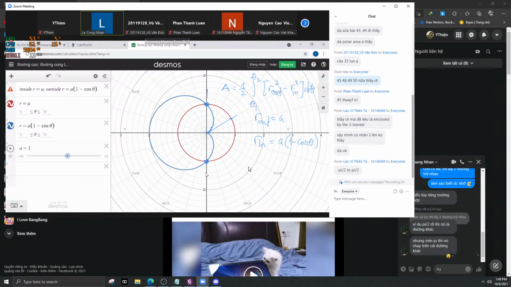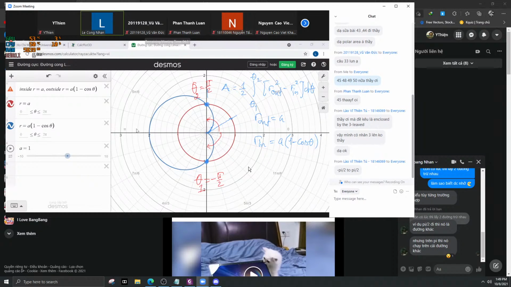If we go in the clockwise direction by angle pi over 2, we have theta equal to negative pi over 2. And if we go in the counterclockwise direction by angle pi over 2, then we have theta equal to pi over 2. So theta 1 equals minus pi over 2 and theta 2 equals pi over 2. Does it make sense?